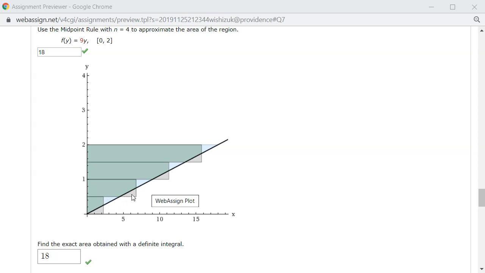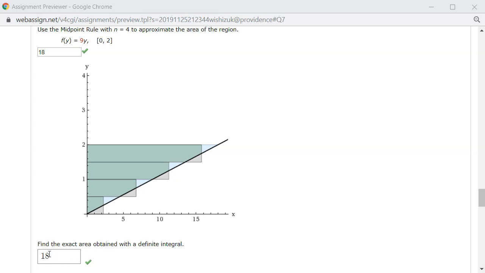The same thing happens with each rectangle: you're missing something here, but there's the same amount extra there. They all cancel out, so the error happens to be 0.